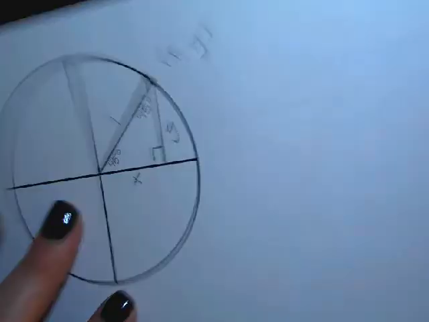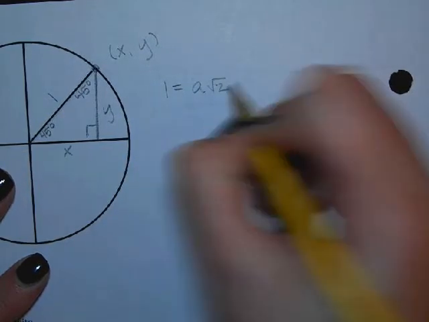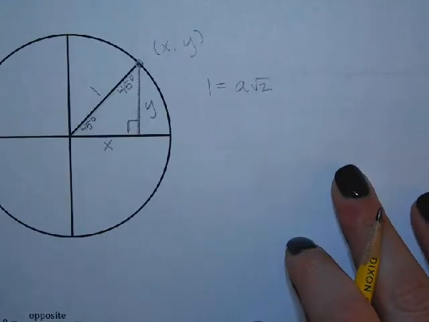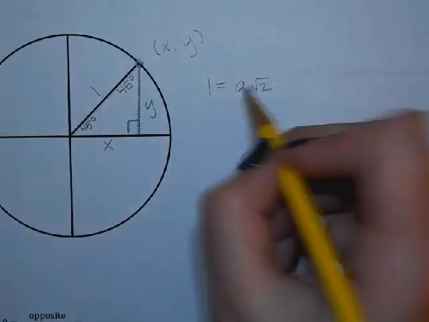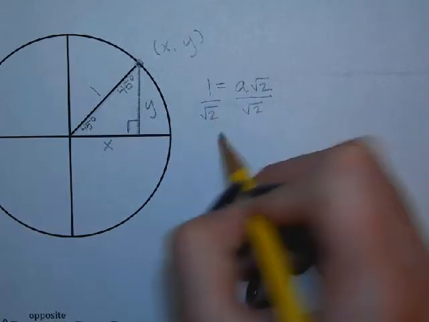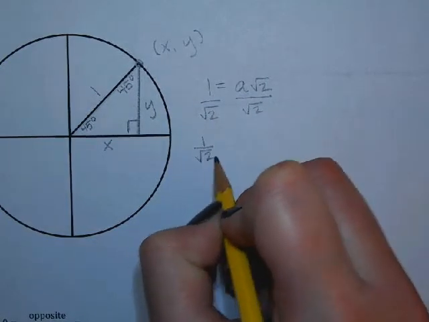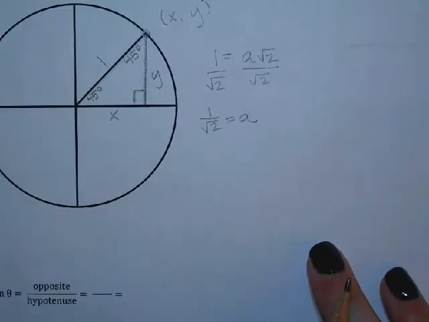Okay. So I'm going to say 1 equals a square root 2. And now I need to solve for a. So how do I get the a all by itself? Okay, so 1 over square root 2 equals a, but we don't like it when answers are written like that. We got to fix it.